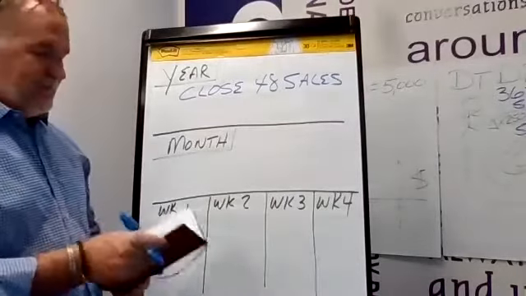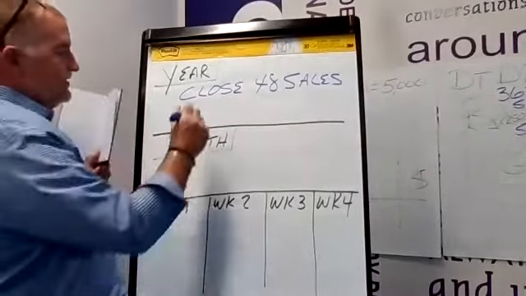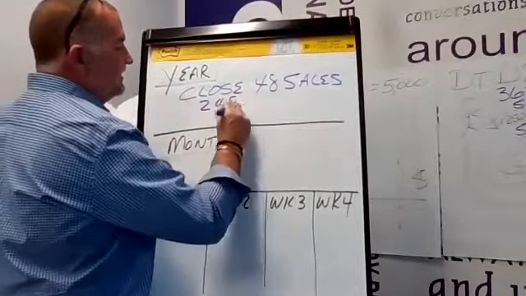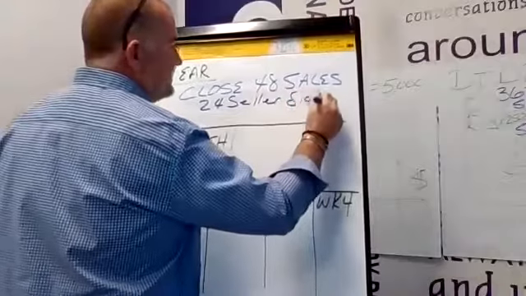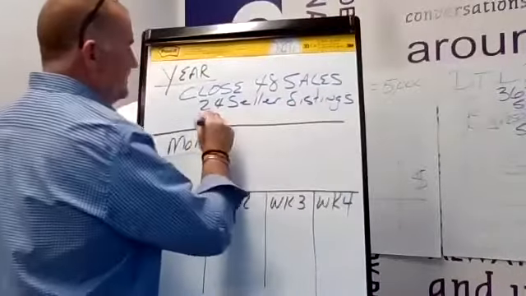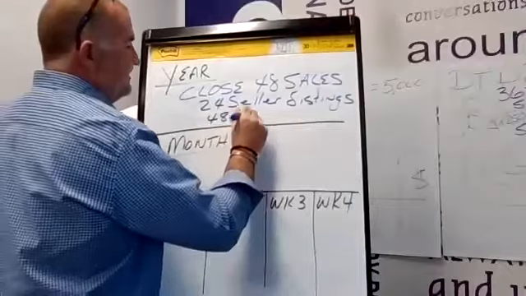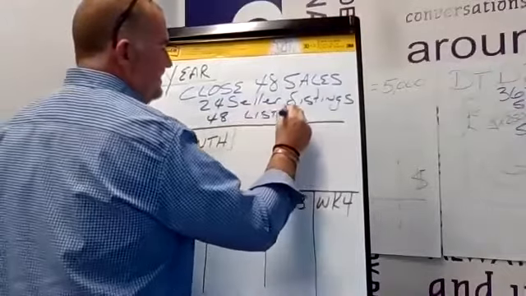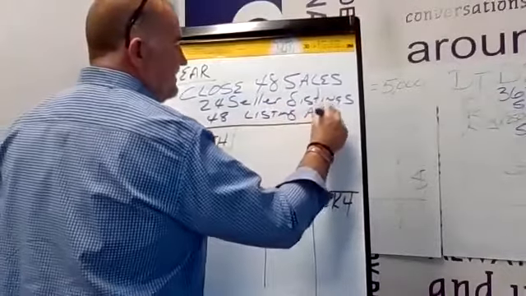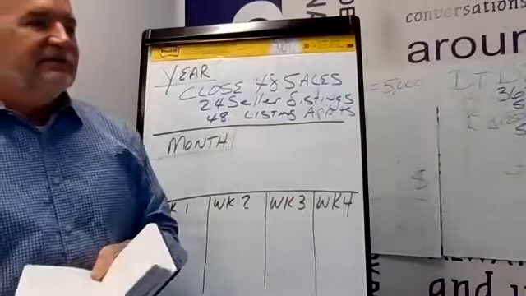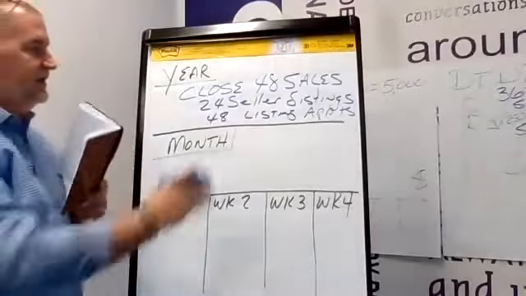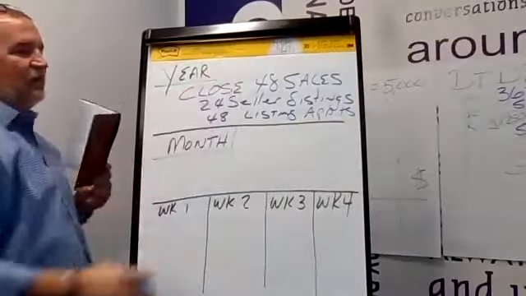True? Yeah. Now, my next goal is 24 seller listings. And then my last goal is 48 listing appointments. And those are my 3 goals. I don't need to have 10 goals in this column. 1 is enough.